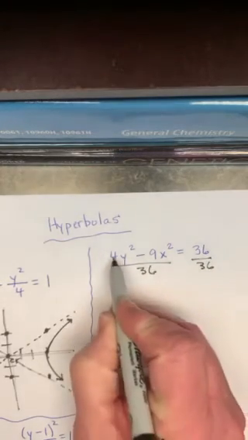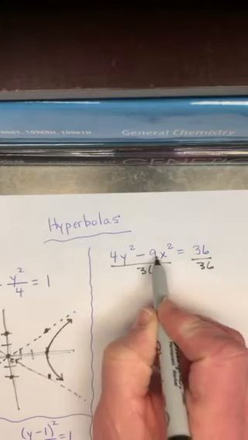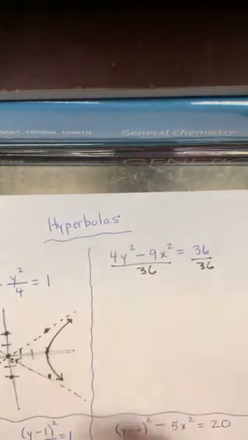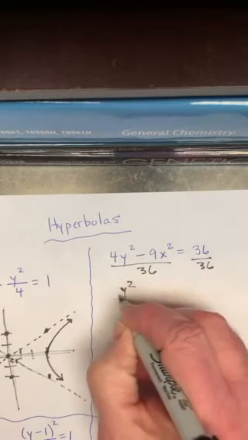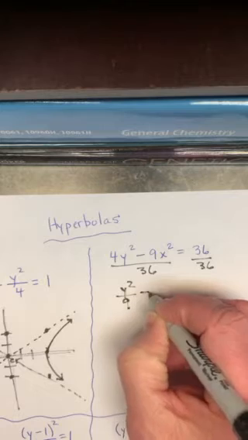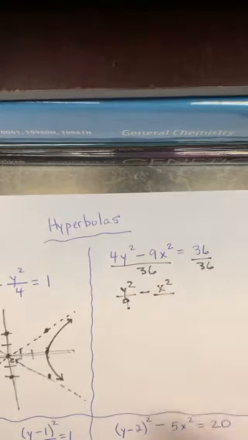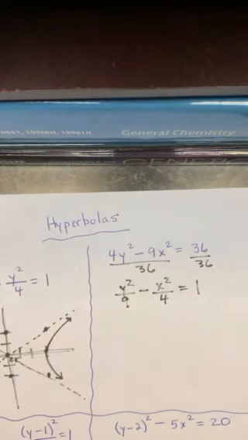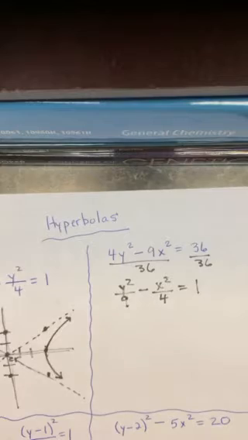Now over here I got a 4 over a 36 and then a 9 over a 36. So cross-canceling and reducing that scenario, you should have y squared over 9 minus x squared over, what is that, 4 equals 1. And I got that one into standard form. Looks very similar to the one we just did.